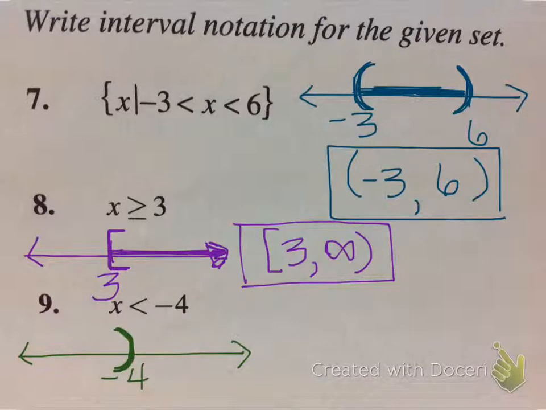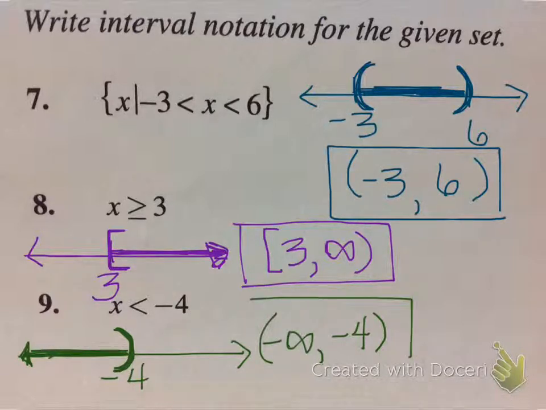If it was equal to, it would have been a bracket, but it doesn't have that, so it's just a parenthesis, and we are going to the left because of less than. So we would have a parenthesis, and negative 4 is the highest number. This time I don't know the lowest number, so it would be negative infinity. And there's my interval notation for that one.